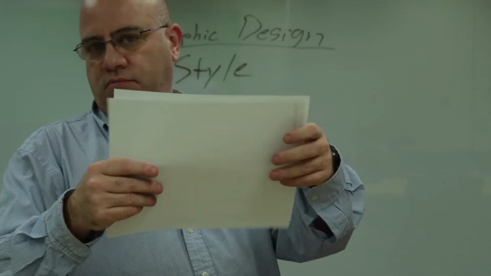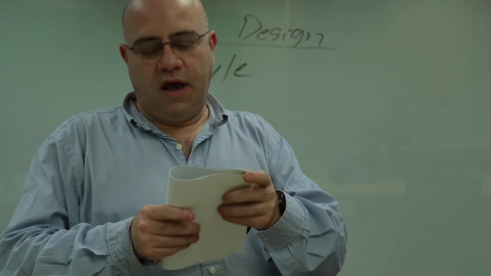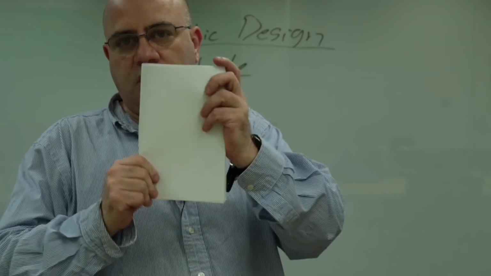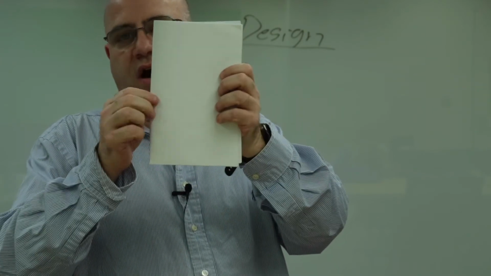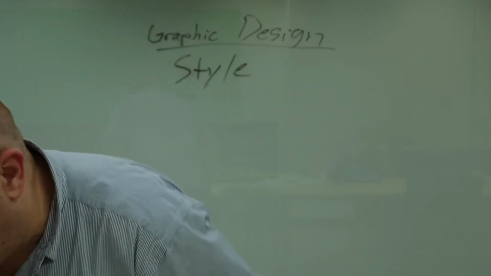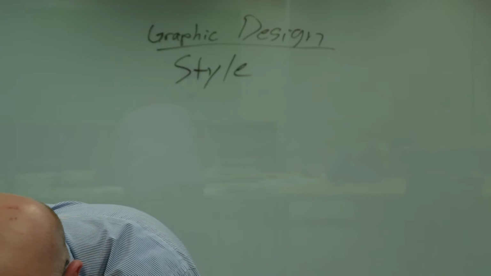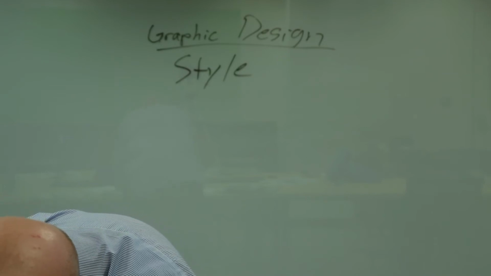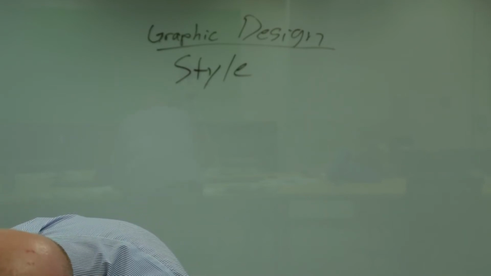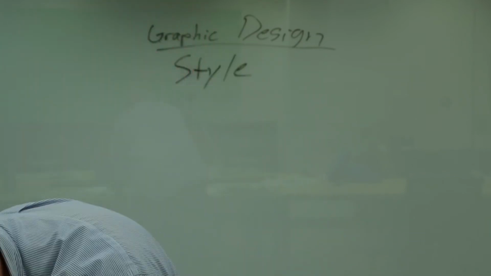So they'll take a bunch of pieces of paper like this and create something called a dummy. They'll have a cover to the dummy, and they'll write on that, maybe just to keep track of it all, cover. Okay, and then the back.